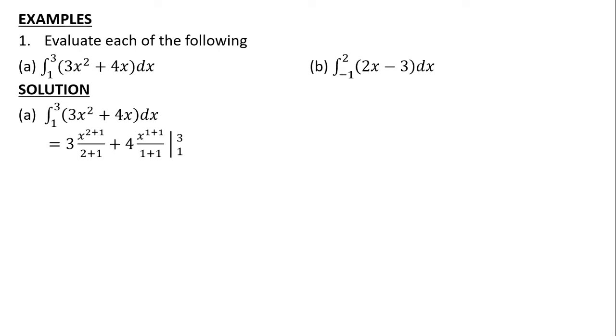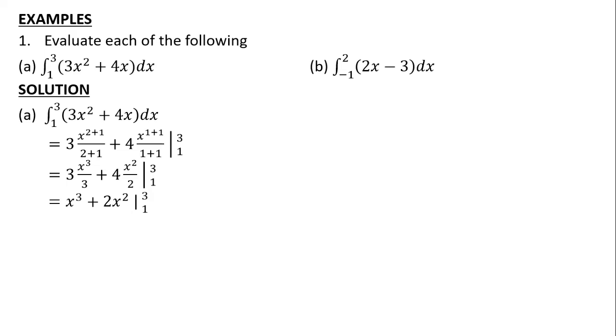From there, we are going to get our denominator 3 and the denominator 2. So we can always divide 3 into 3 to give us a 1. 2 into 4 will give us a 2. So which is going to give us x to the power 3 plus 2x squared with limits 1 to 3.